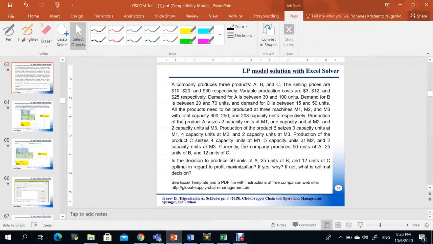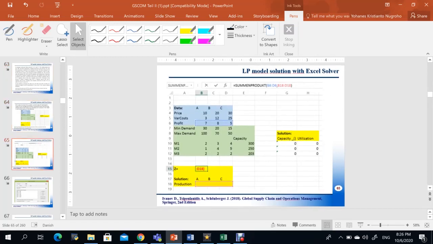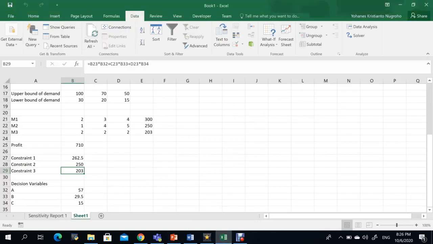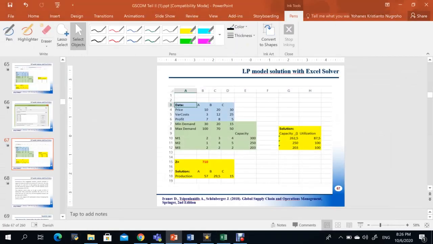Now let's check with the actual answer from our example. Is it the same or not? 57, 29.5, and 15. Yes, I think we have the same result as the values on our current slide.